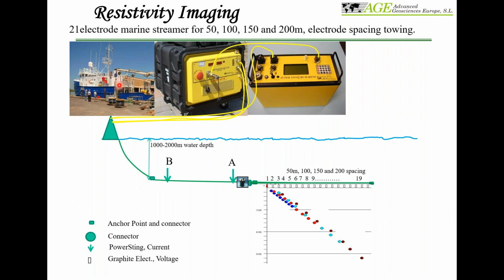So you need what we call an A-frame on the boat, like a winch. This is our standard system for 1,000 meter. If anybody needs deep studies at 2,000 meter, we need to consider modifying this for a better high pressure deep studies system.